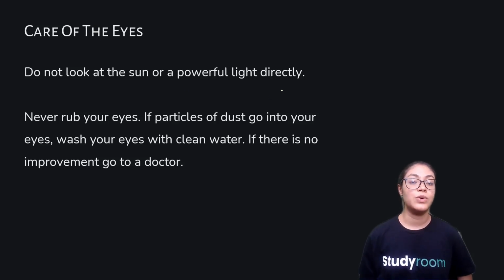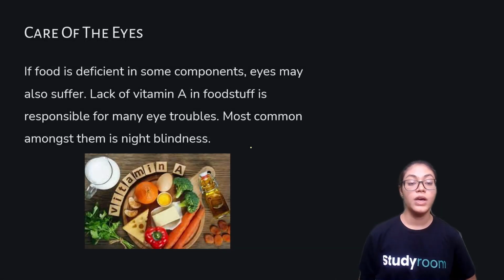Should always make use of goggles. Never rub your eyes. If particles of dust go into your eyes, wash your eyes with clean water. If there is no improvement, then you should always visit a doctor. Okay? If food is deficient in some components, eyes may also suffer. Lack of vitamin A in foodstuff is responsible for many eye troubles. Most common amongst them is night blindness.